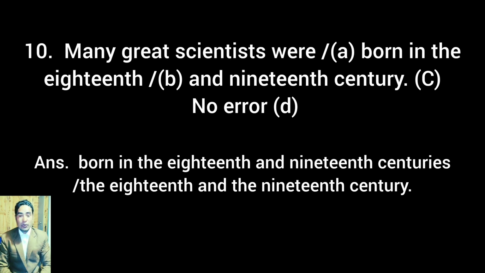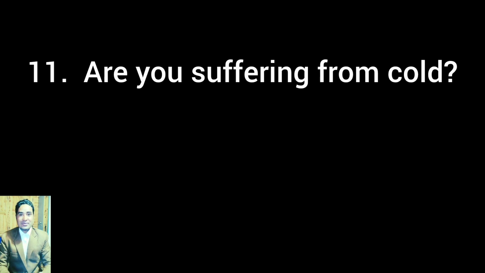You can use the article two times with a singular noun. Born in the 18th and 19th centuries, and you can say born in the 18th and the 19th century. Let's move on to the next question. Are you suffering from cold?